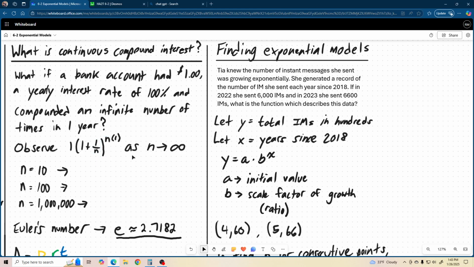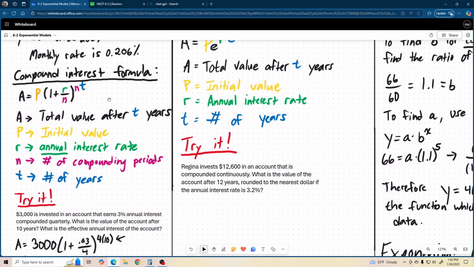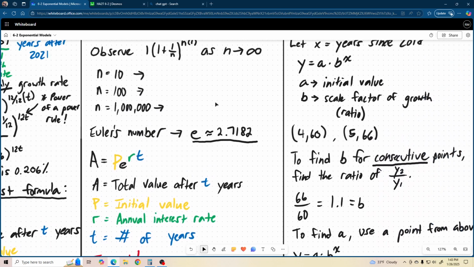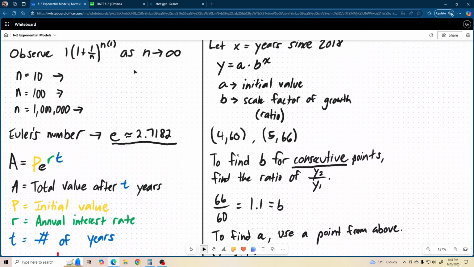What we really want is to evaluate n as it approaches infinity. Remember, n is the number of compounding periods in the formula down here. We don't have a number; it's infinity. We're literally trying to compound all the time. So as n approaches infinity, we can start to get a number for what this would have to be.